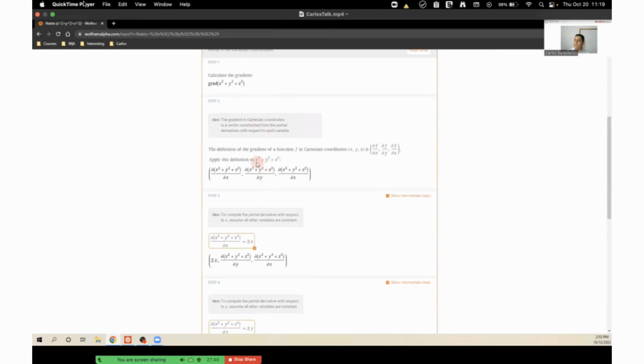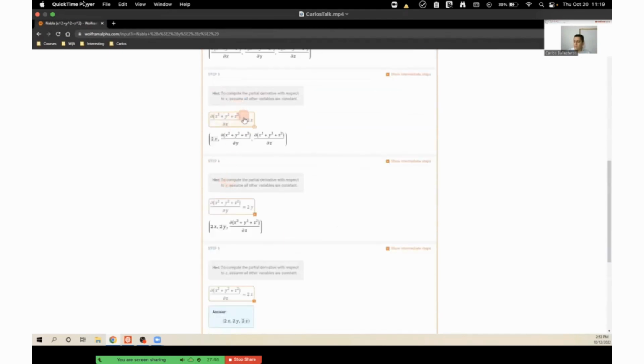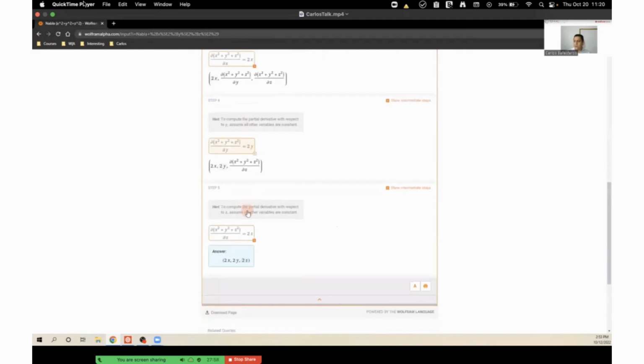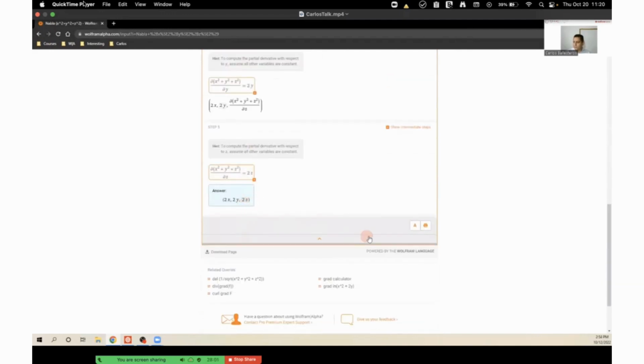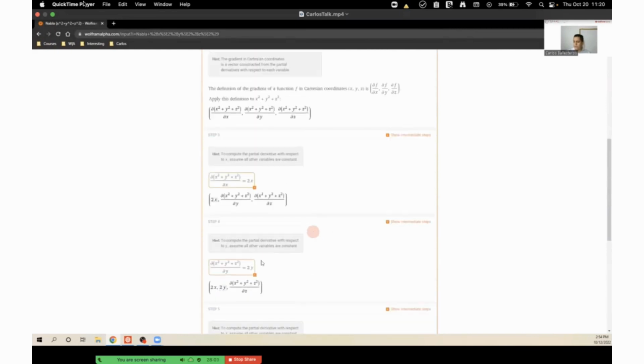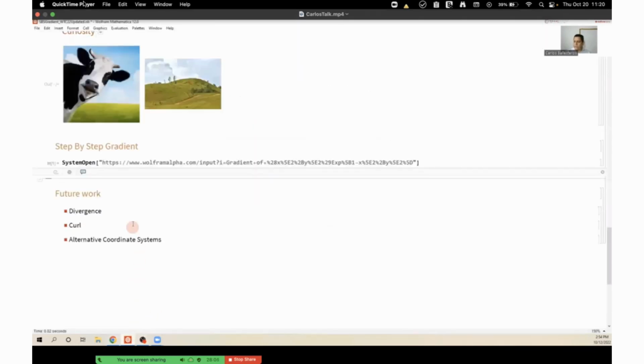Again, we have the step-by-step. We have the definition for gradient in 3 Cartesian coordinates, and then we only need to calculate the partial derivative. First with x, then with y, and z. Yeah, that's all for this function.